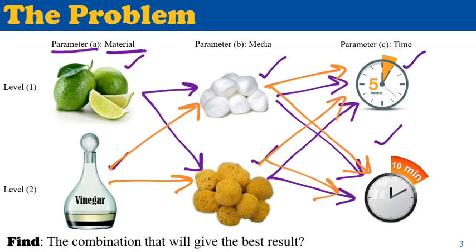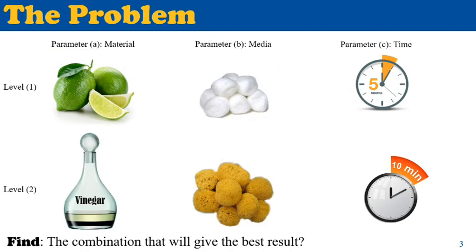And now you can think, if we have more parameters and more levels, how many tests we have to run to make a decision. Well, this is the importance of our design of experiments. How can we statistically reduce the number of tests and still make the same decision that we are looking for?